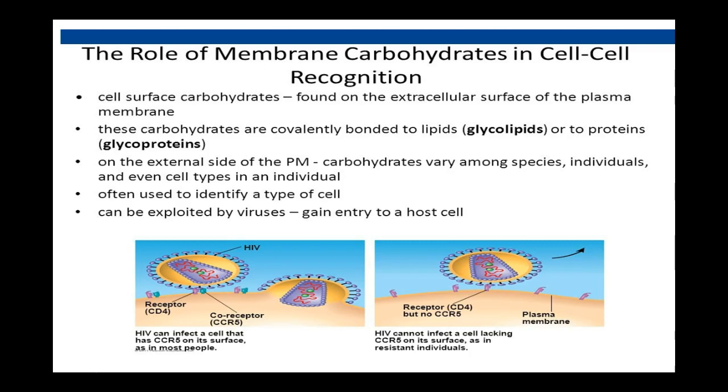Then the role of carbohydrates. Carbohydrates are many times attached to proteins. They bond well. Surface carbohydrates are often found on the surface of the plasma membrane. They can cause cell-to-cell recognition, and the carbohydrates covalently bond to lipids, and they are often used to identify types of cells.